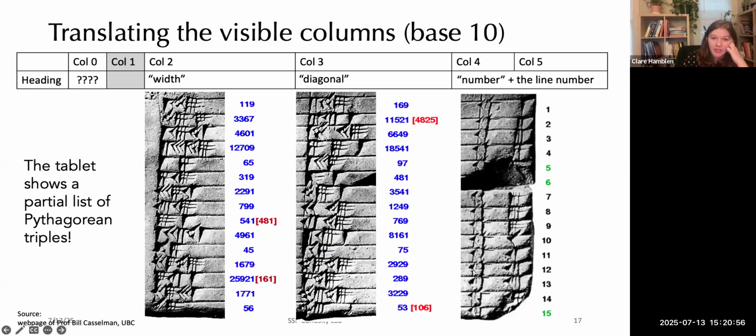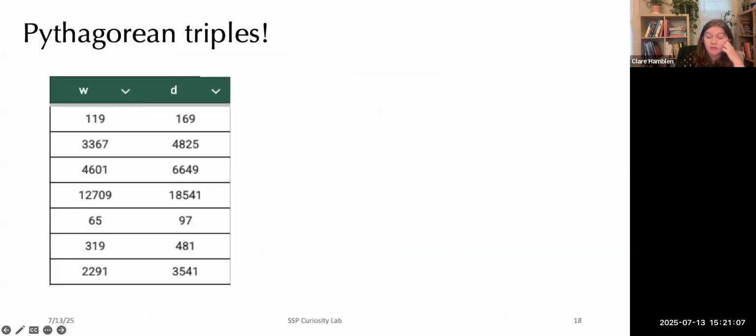So, how do we know? Because we only have 2 of 3 values. Right? So how do we know that these really are Pythagorean triples? Well, I'm going to show you. Here's a shorter list of just 7 of the values.